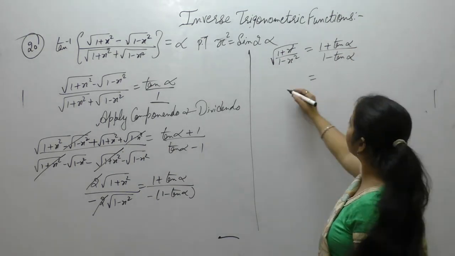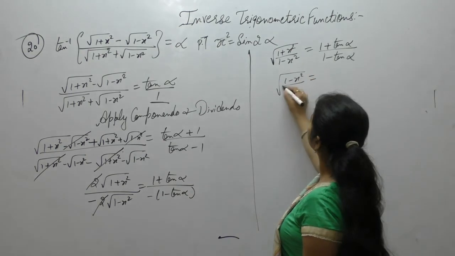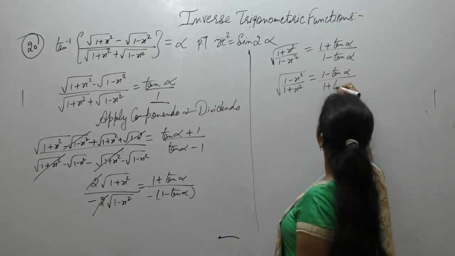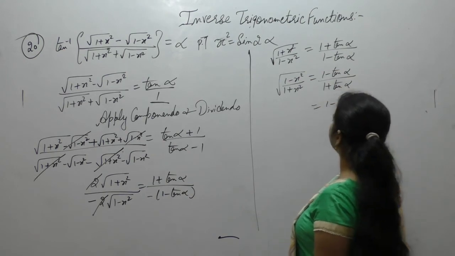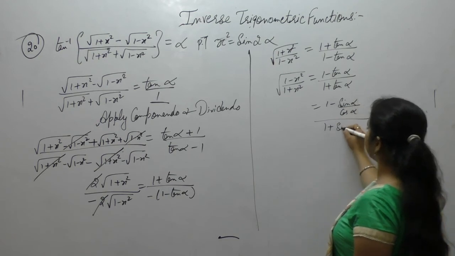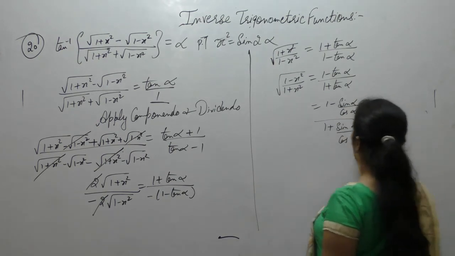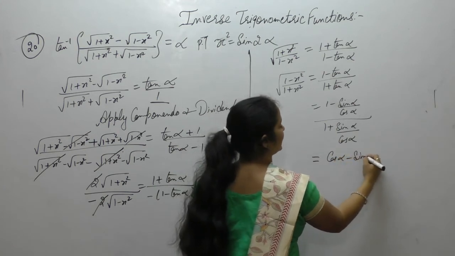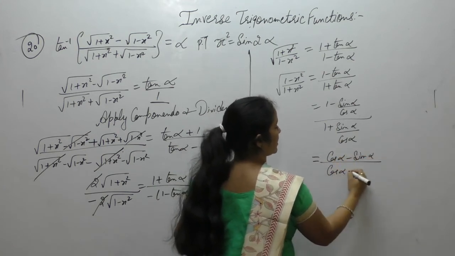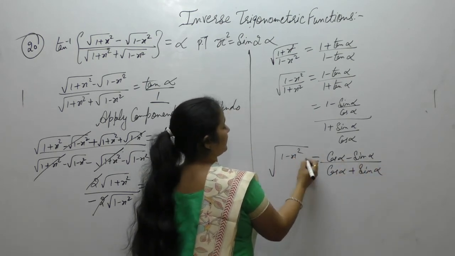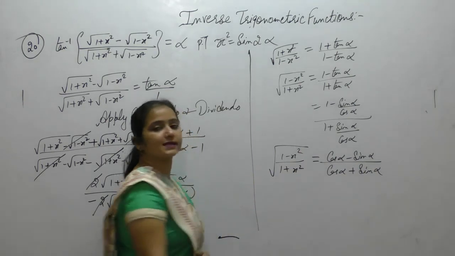Now reciprocal, we can write it as this. Instead of tan, we can write sine upon cos. After taking the LCM, (cos alpha − sin alpha)/(cos alpha + sin alpha) equals √(1 − x²)/√(1 + x²).